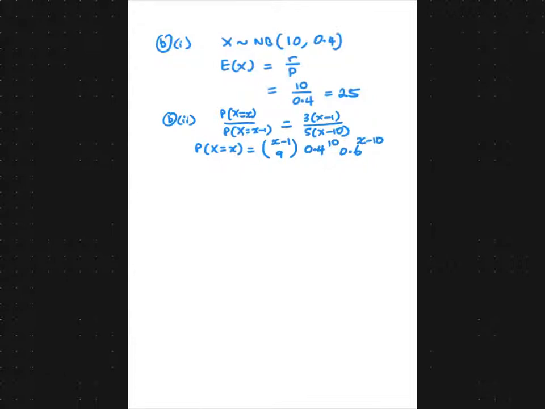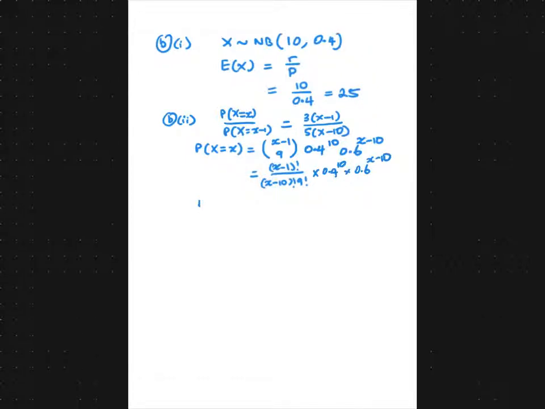This simplifies to x minus 1 factorial over x minus 10 factorial, 9 factorial, times 0.4 to the power 10 times 0.6 to the power x minus 10.